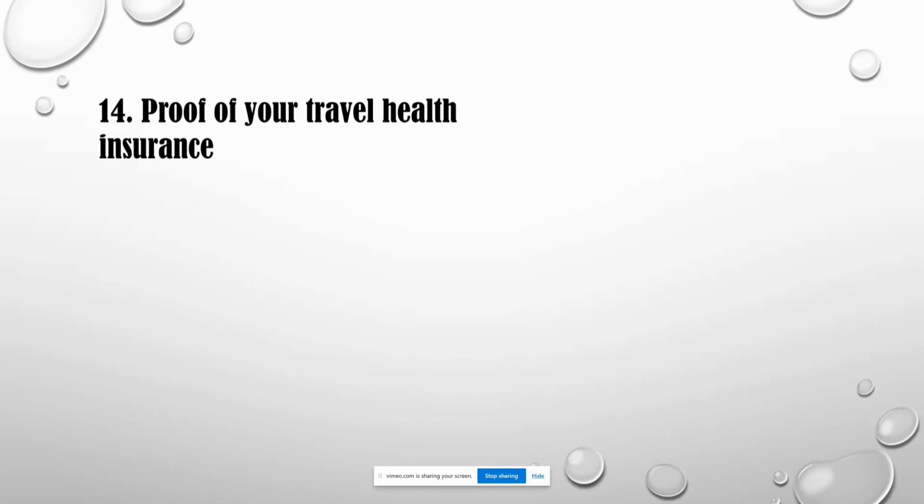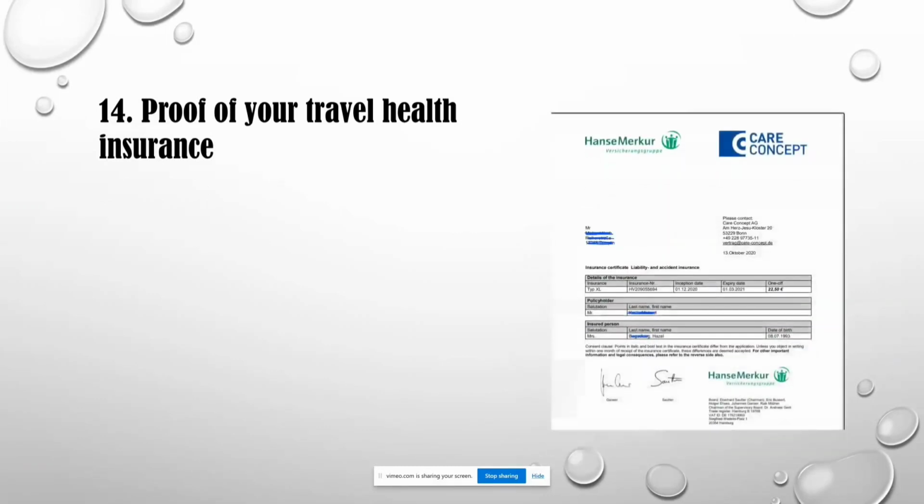And number 14 is proof of your travel health insurance. Kasi hindi po automatic that once you got married, you already have the right to claim also your husband or wife insurances.